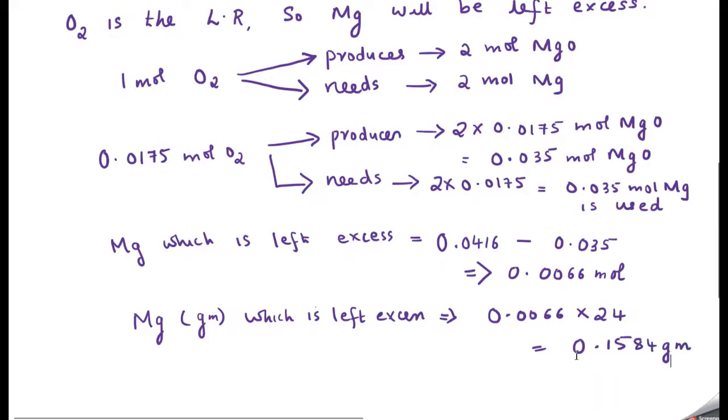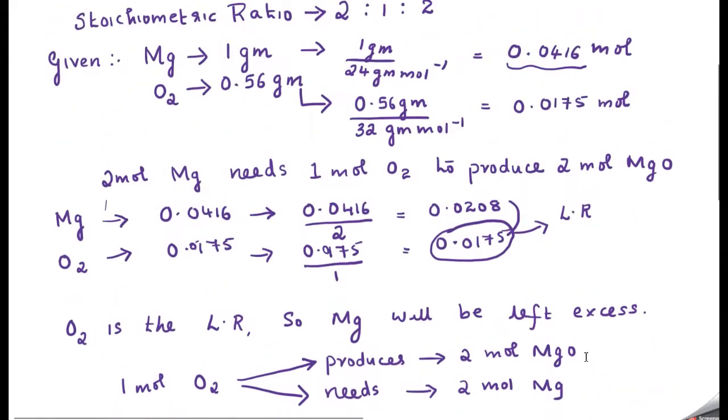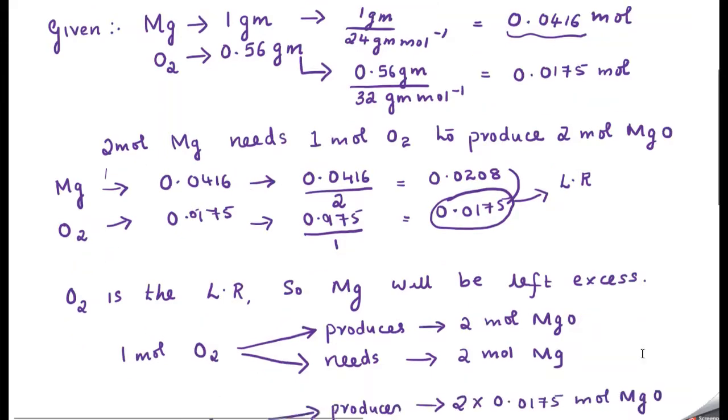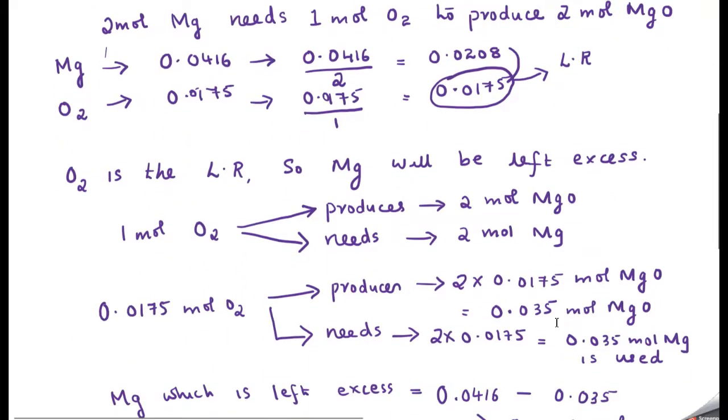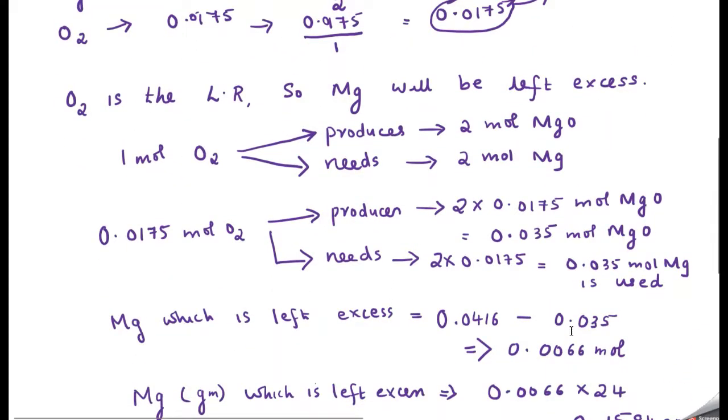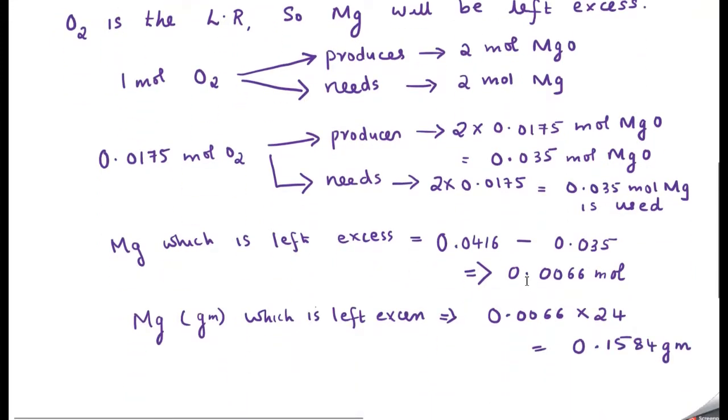So my conclusion is: we have taken 0.0416 mole magnesium, and out of that 0.035 mole is used in the reaction, and the left behind was 0.0066 mole.